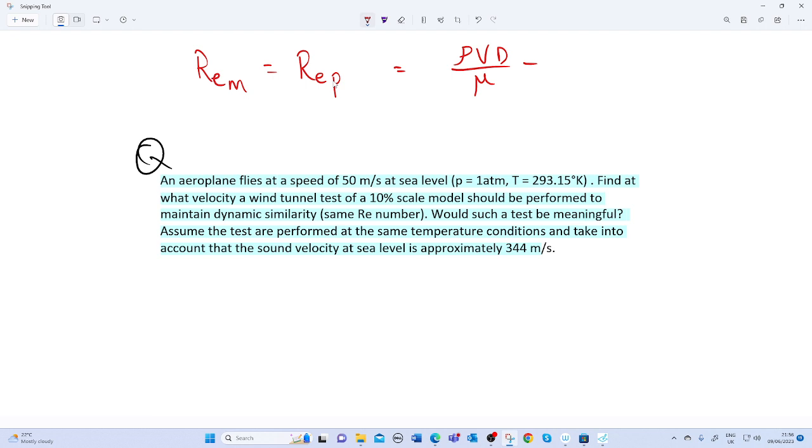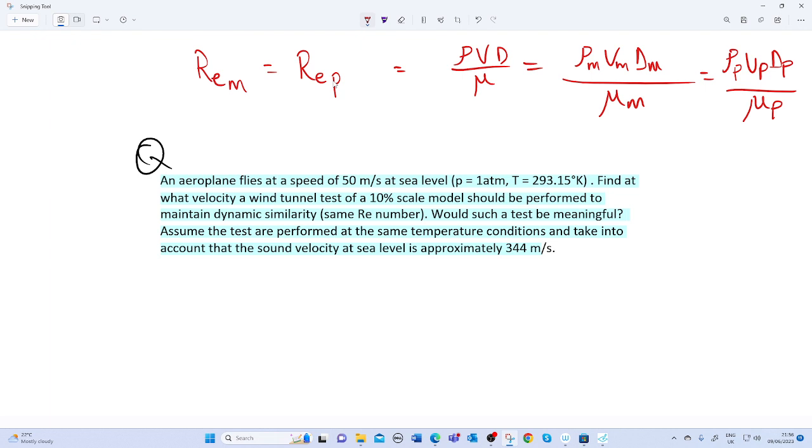So that gives us the density of the model multiplied by the velocity of the model and the diameter of the model over the viscosity of the model, equals the density of the prototype multiplied by the velocity of the prototype multiplied by the diameter of the prototype over the viscosity of the prototype.